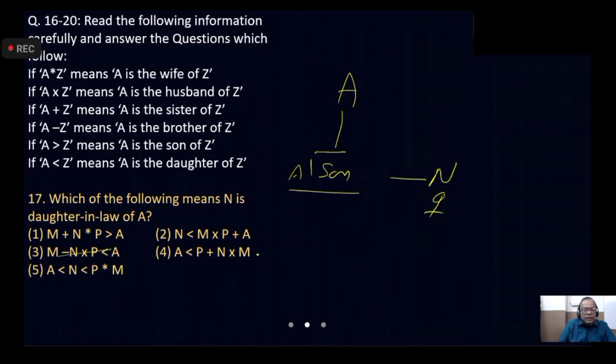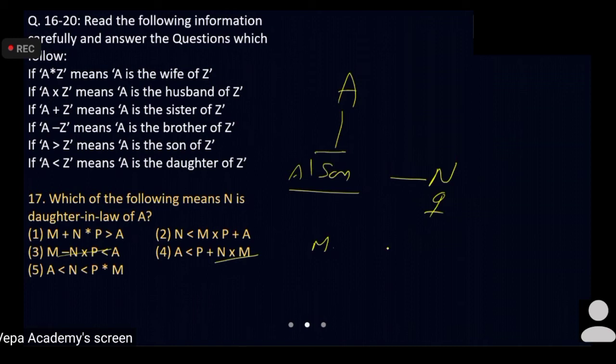Choice 3 can be eliminated. N into, no, eliminated. N less than, possibility is there. So you need to work on choice number 1, 2 and 5. Clear? So let us start working on number 1. M plus N. So what is M? M is here. Plus means sister of N.